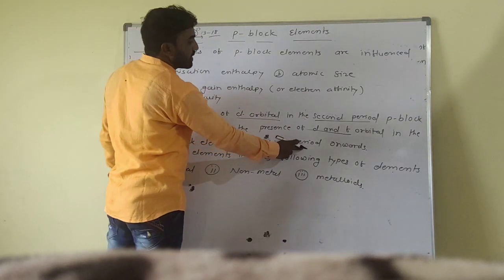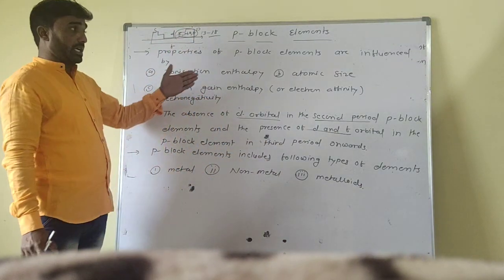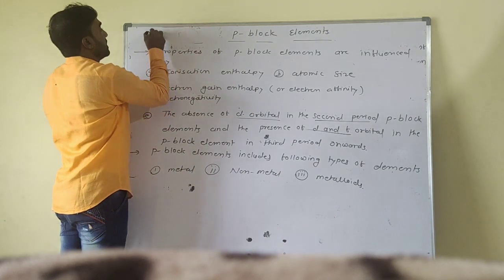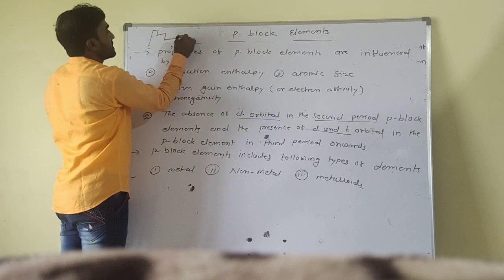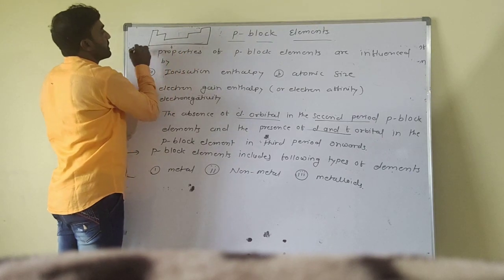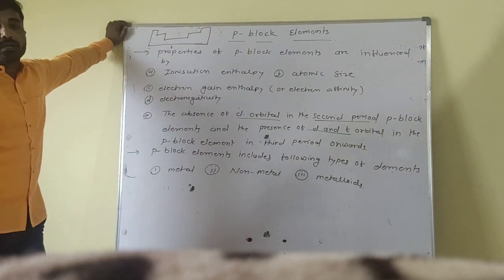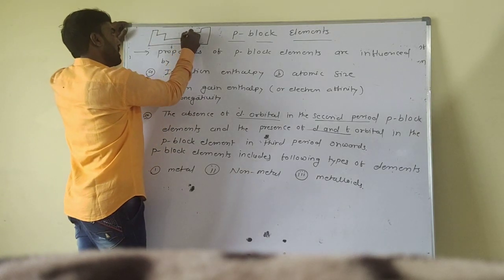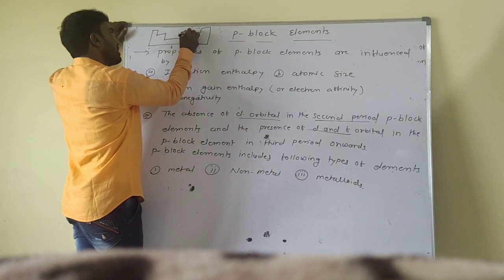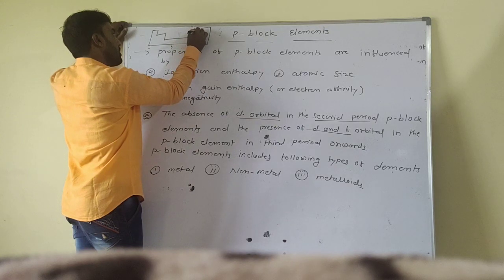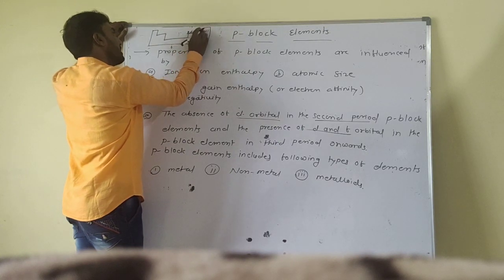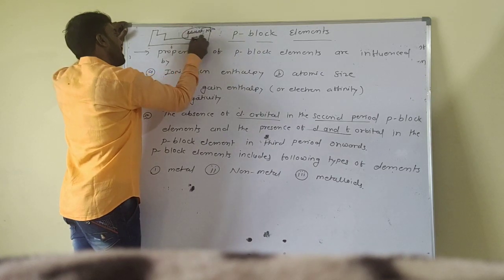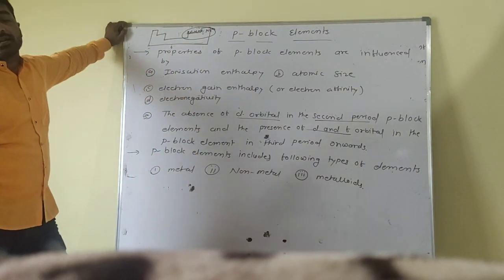In the third period, d orbitals are present, but in the second period the d orbital is absent, because these elements, for example boron, carbon, nitrogen, oxygen, fluorine and neon, have higher electronegativity and small size.